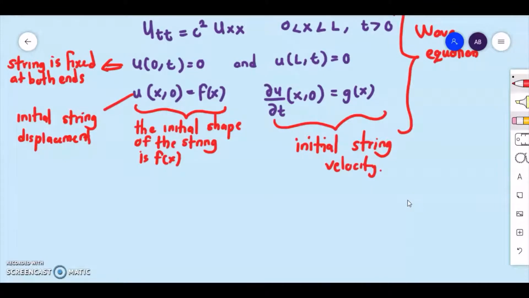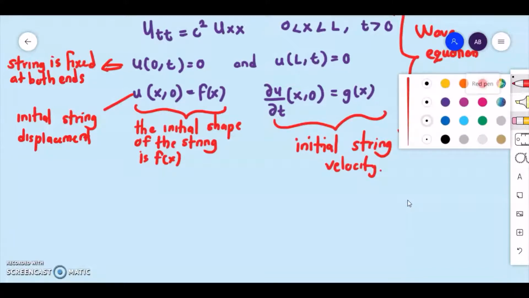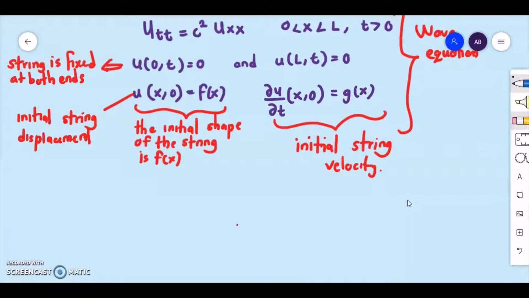I've mentioned that the boundary condition means the string is fixed at both ends, while the initial condition gives the initial shape of the string. So how do we want to solve this?